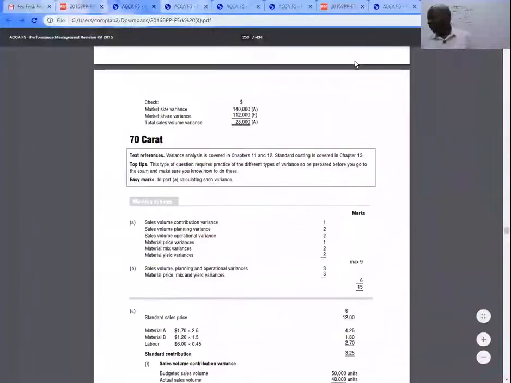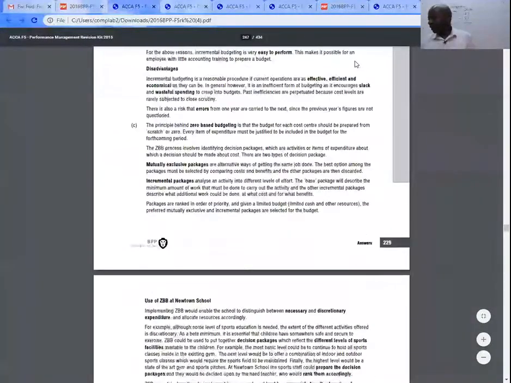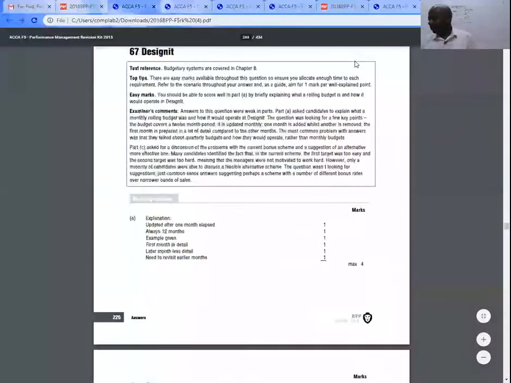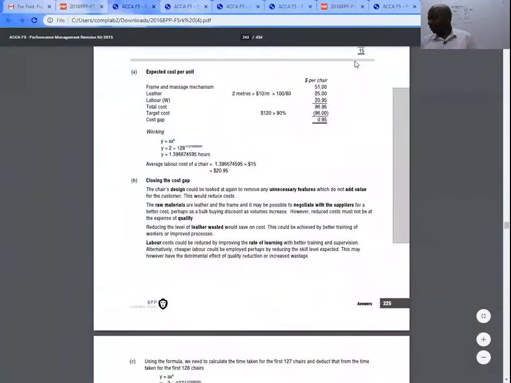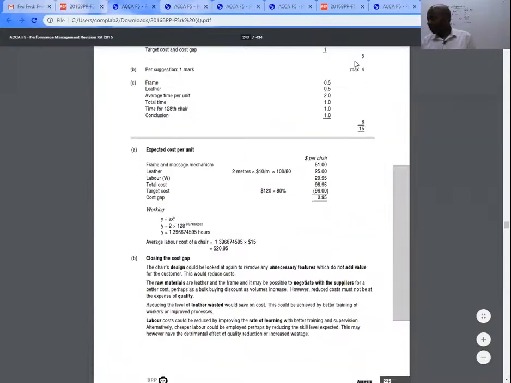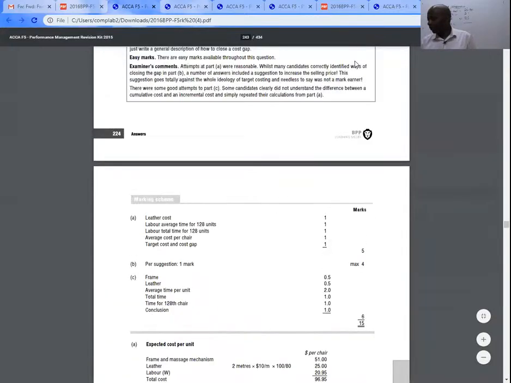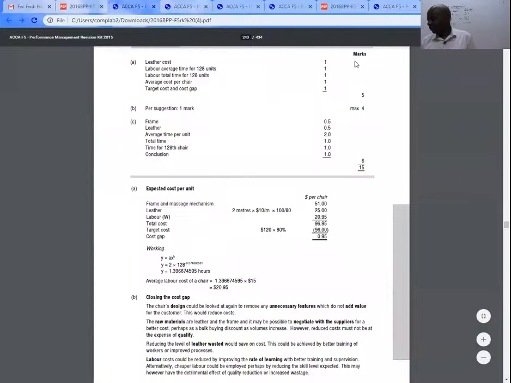Because you guys are younger than me, I'm so sure scrolling can never be a problem to you. Like you can see what they have done here, the answer they have is 96.95. And the most important thing is how they handled the loss, this 25, how they got it.